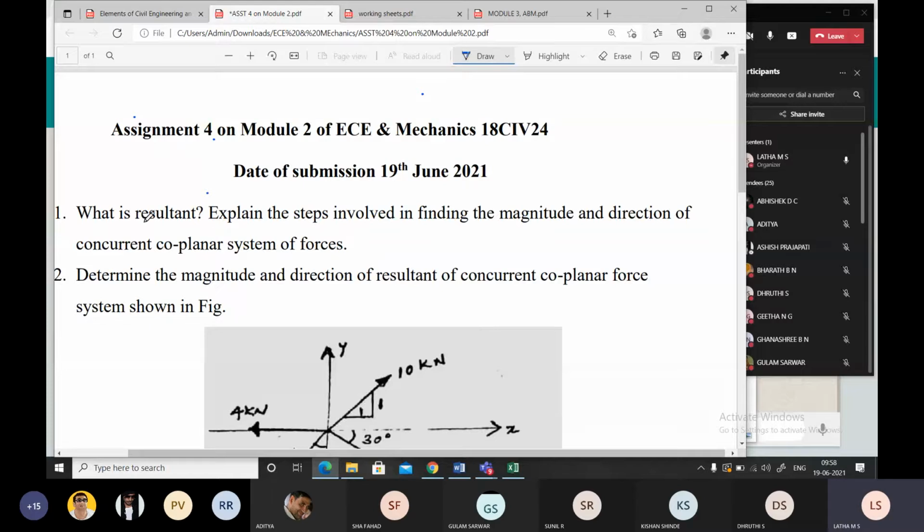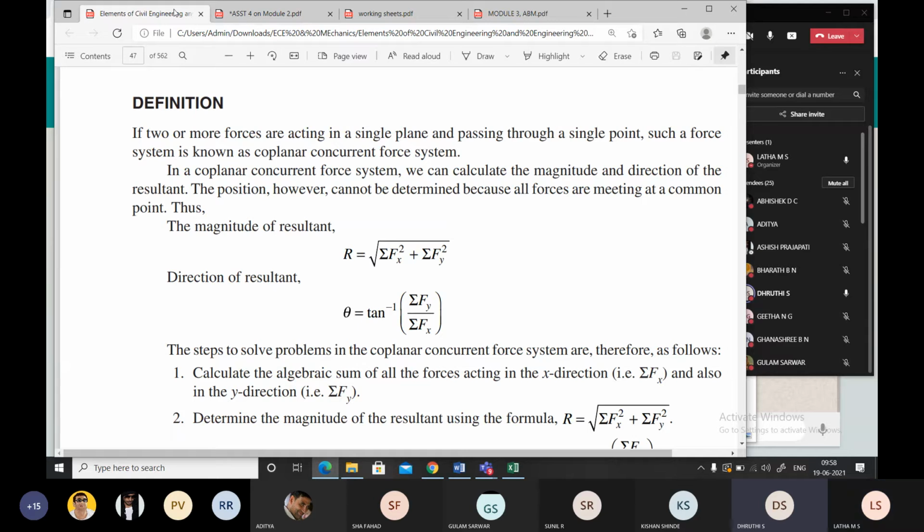When it is asked what is the resultant and what are the steps involved in finding the magnitude and direction? Ma'am, we'll find out the summation of Fx and summation of Fy.